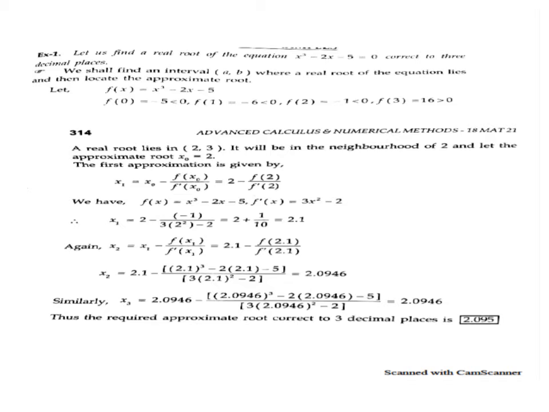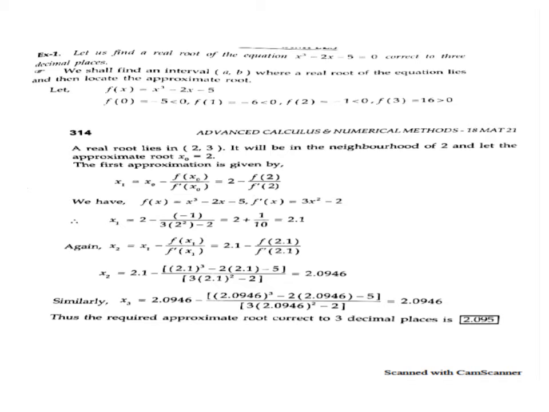Therefore, x1 equals 2 minus of minus 1 divided by 3 into 2 square minus 2. So it is 2 plus 1 divided by 3 into 2 square, which is 4. So 3 fours are 12, 12 minus 2 is 10. Therefore 2 plus 1 by 10, which equals 2.1.